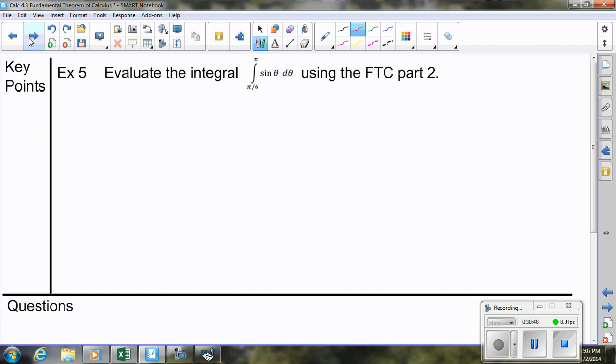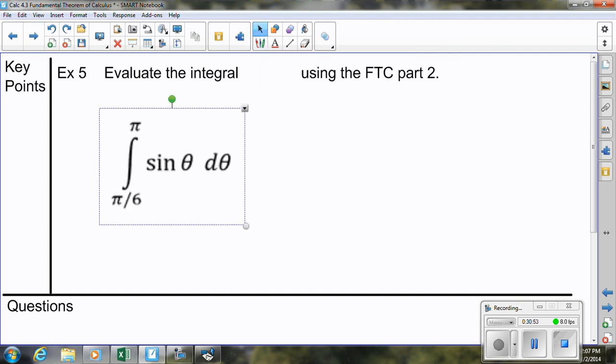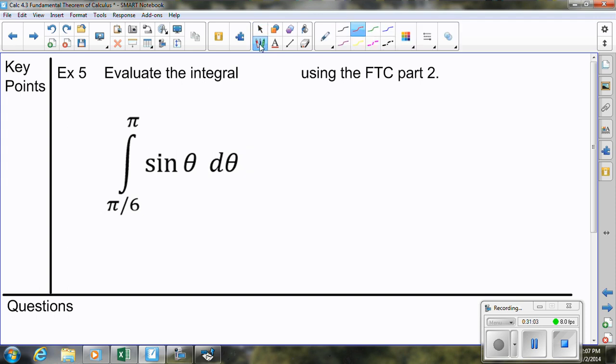So in order to do it, we're looking at pieces like this. What is the area underneath sine of theta between pi over 6 and pi? We're not going to create a sketch this time, but just what's the area? Well, this tells us what is the antiderivative of sine. What function will give you the derivative sine?